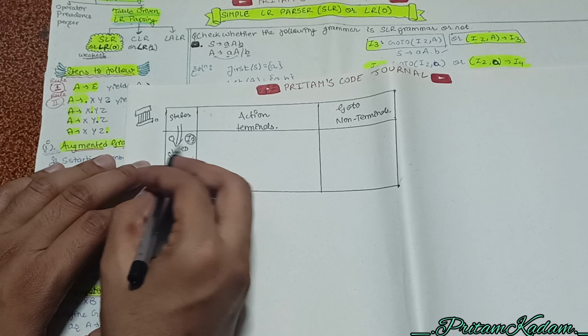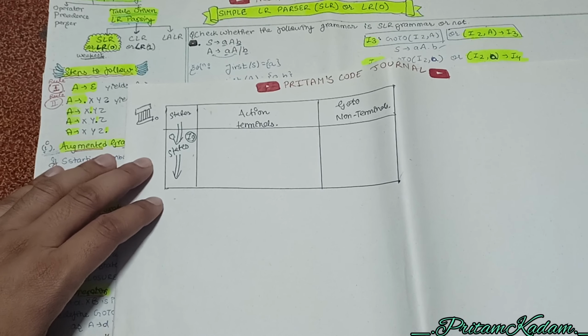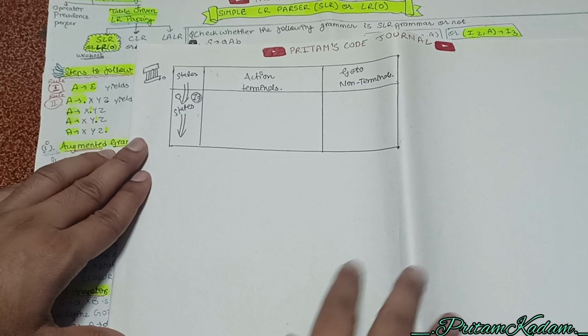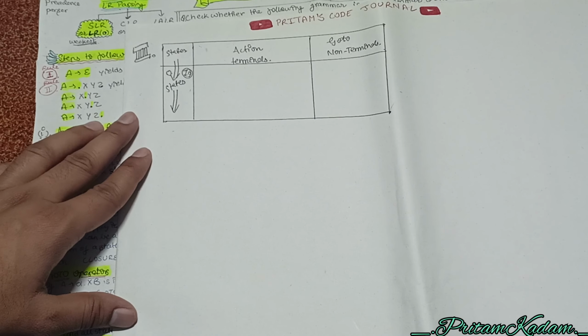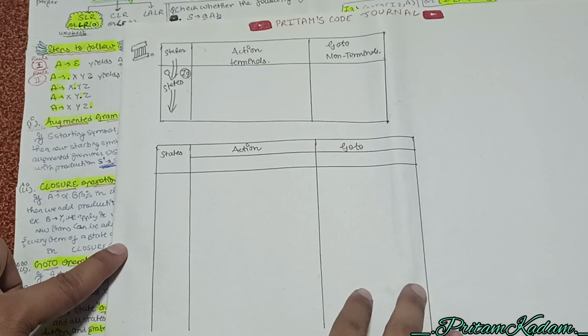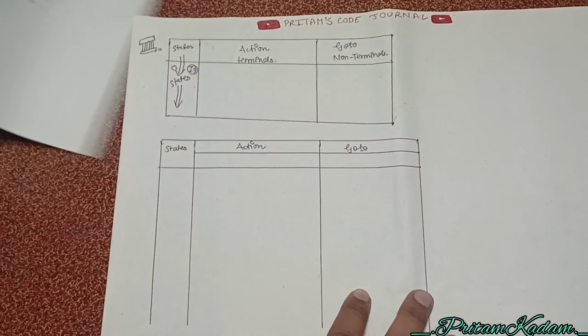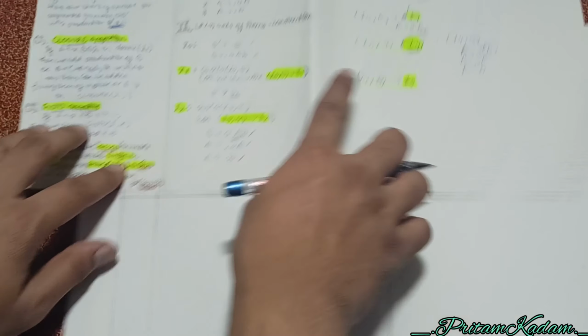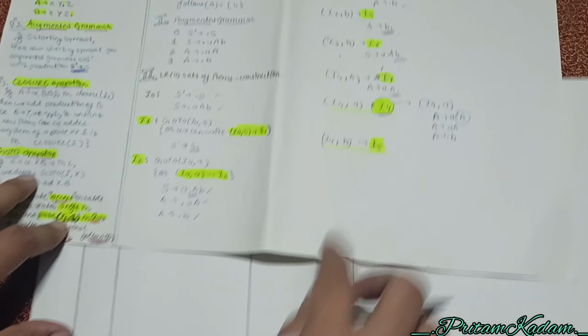In the state part you just have to write 0 in place of the I0 state, and so on for all the states. So if there were 10 states, you would write 0 1 2 3 till 10. Now let us write it down.